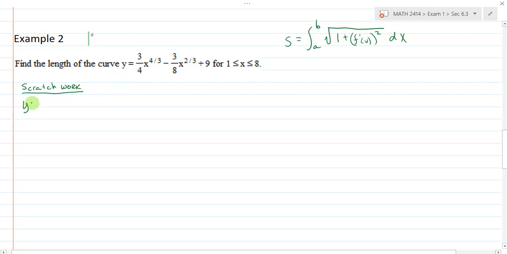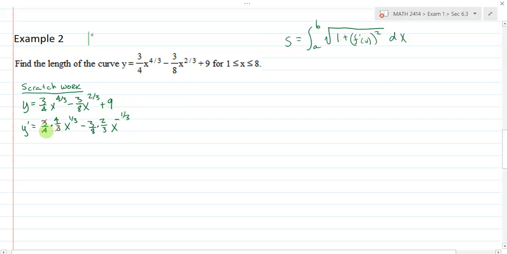So we've got y equals 3/4 x to the 4/3 minus 3/8 x to the 2/3 plus 9. When we take the derivative, we bring down the power and multiply and subtract 1 from that exponent. So 4/3 minus 1 is 1/3, minus 3/8 times 2/3 x to the minus 1/3, and the derivative of a constant is 0.